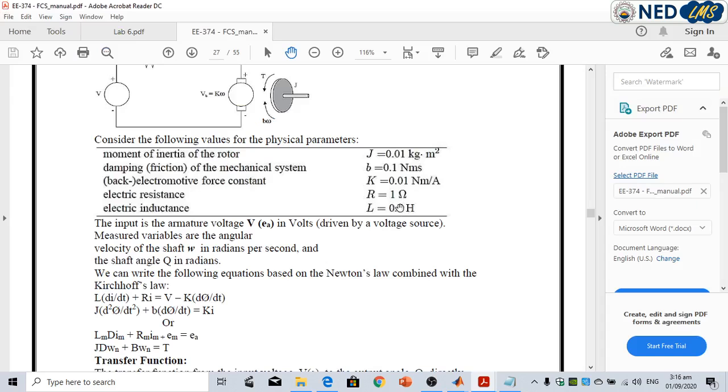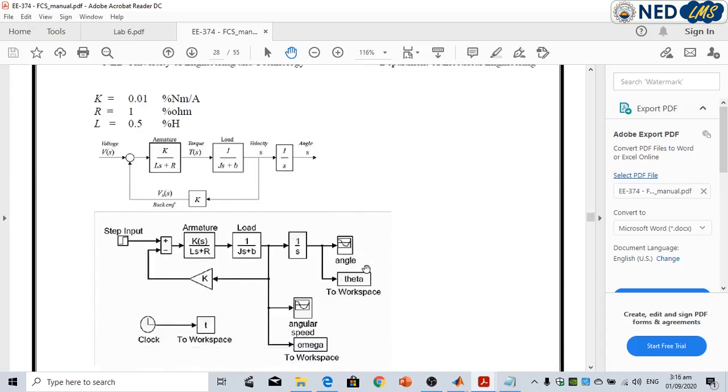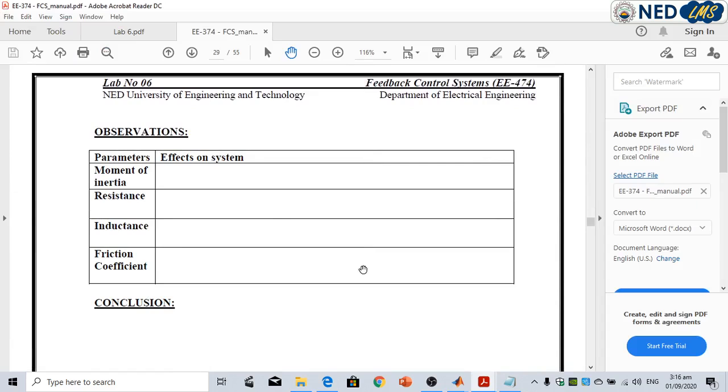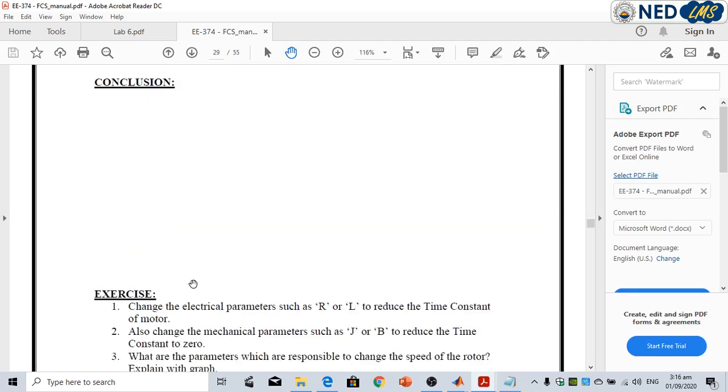So in the exercise, when you fill up these rows, you have to change different values of inertia, keeping all other parameters constant, no change in these values, and observe what would be the change in time constant and what would be the change in final value. The same is the case for all the rest of the parameters.